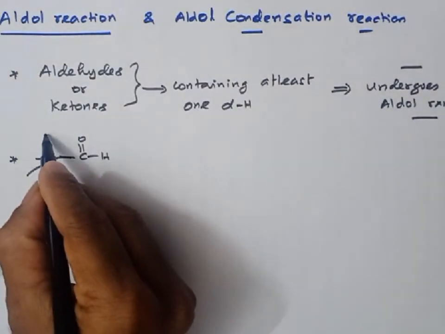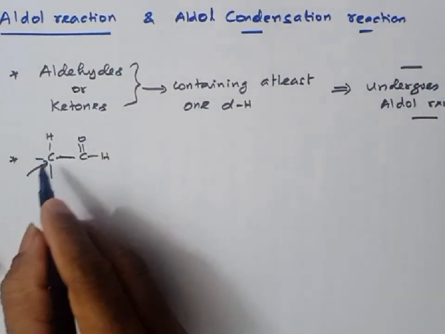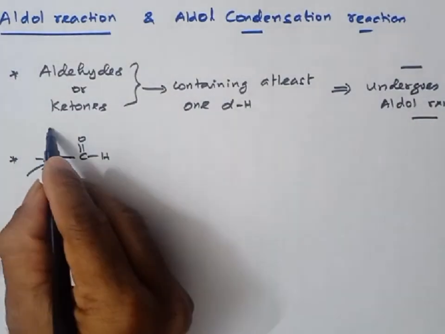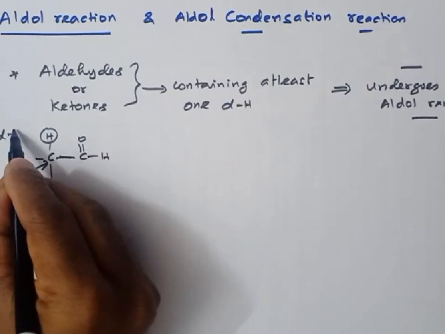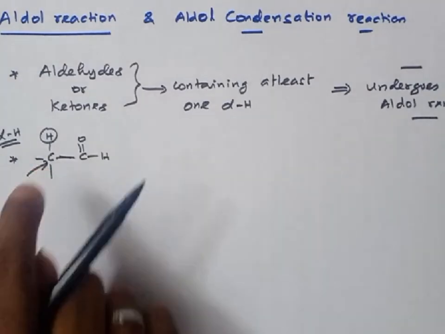If this carbon contains at least one hydrogen, we call that hydrogen alpha hydrogen. This is the meaning of alpha hydrogen.